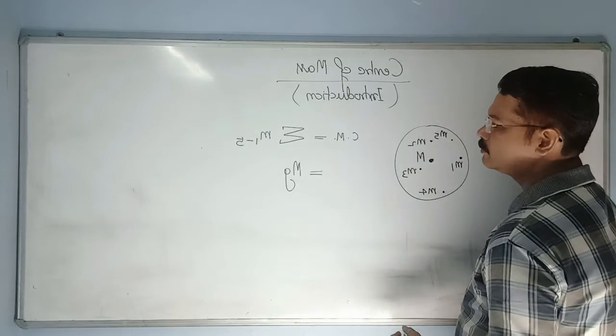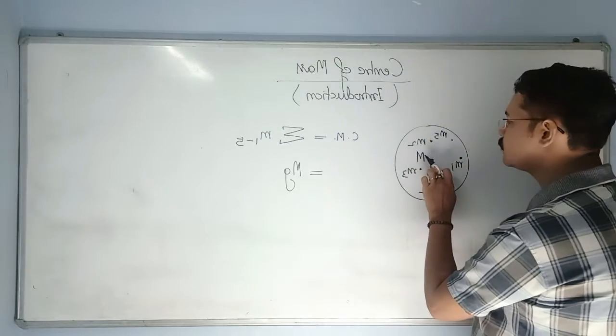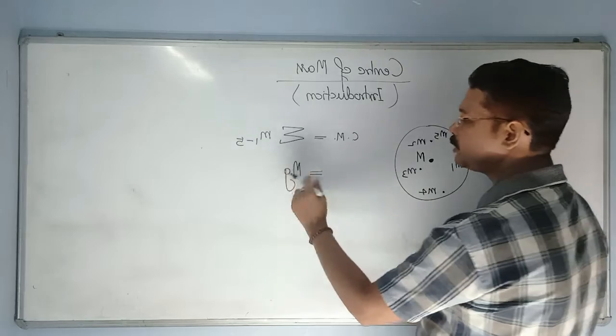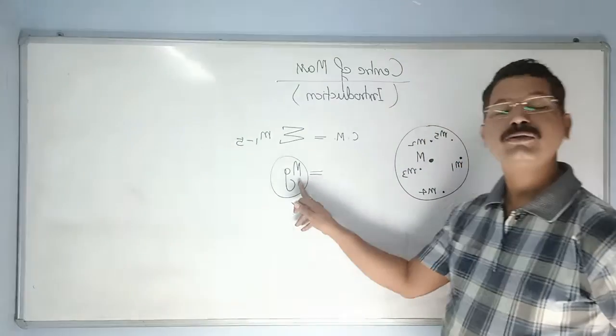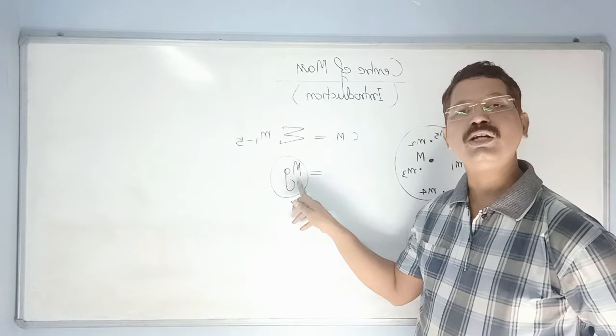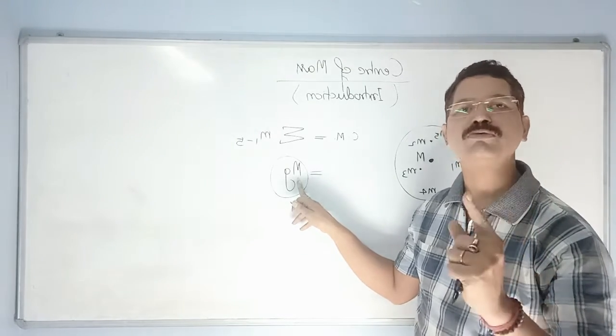So center of mass is the total mass at the central point, and the total mg, that is the total gravitational force acting on the same body, is also the center of mass.